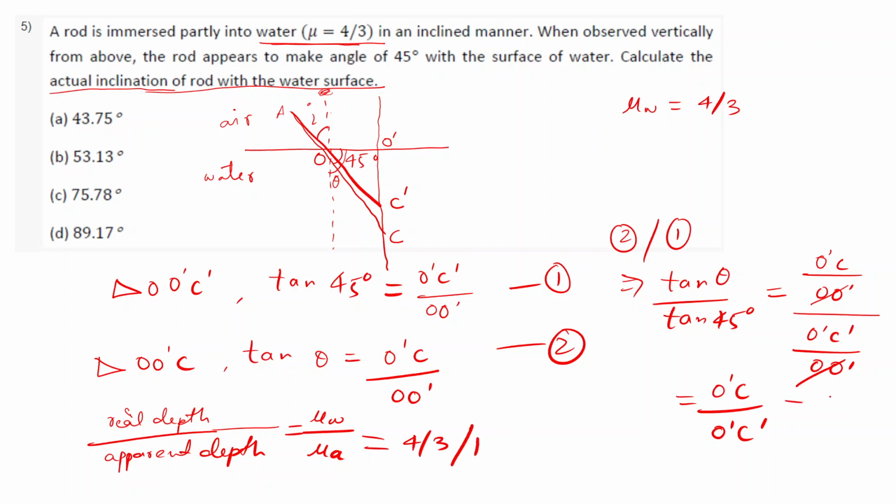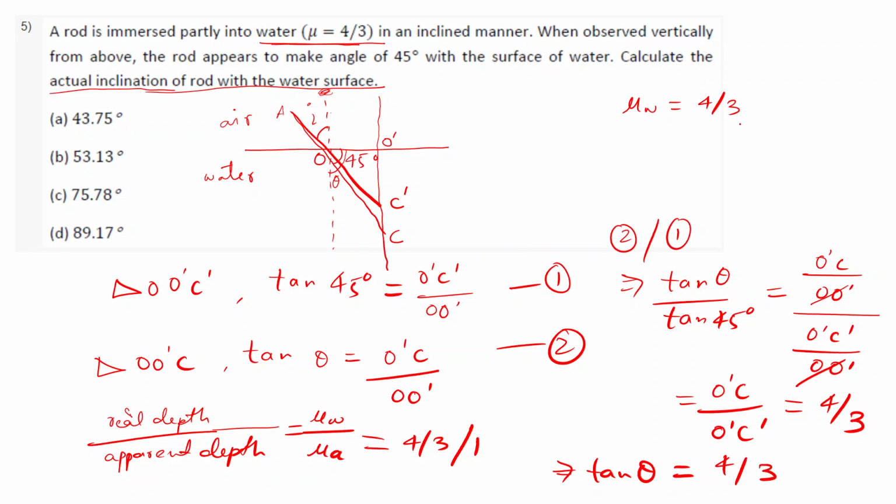So when we put it here, tan theta divided by tan 45 degrees, and since tan 45 degrees is 1, tan theta will be 4 by 3.